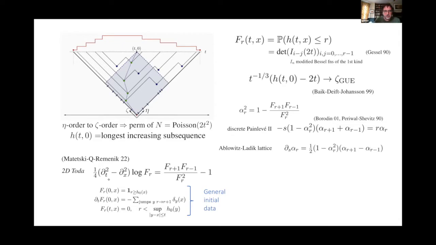Oh, and please ask questions if you aren't clear about something. You may wonder what this has to do with the Toda lattice, unless you're an expert. If for example you started with flat initial data, then there would be no dependence on x because everything is homogeneous in space.